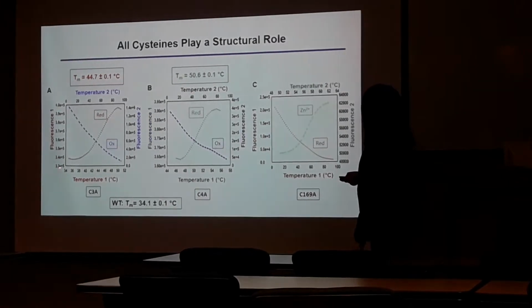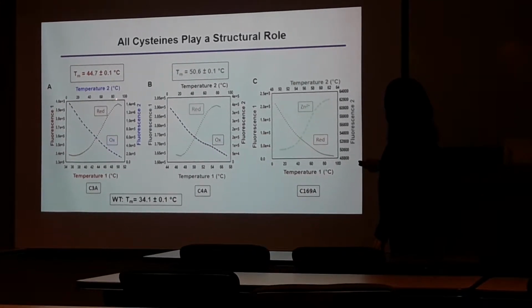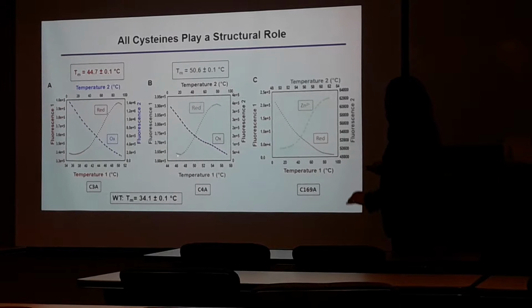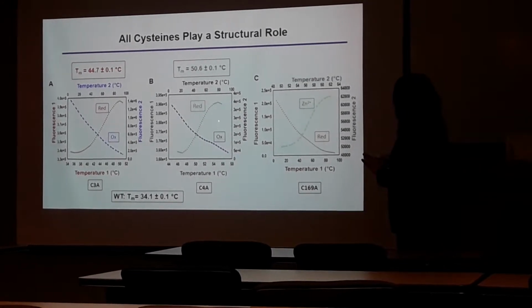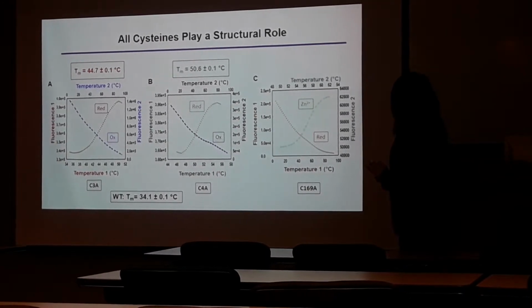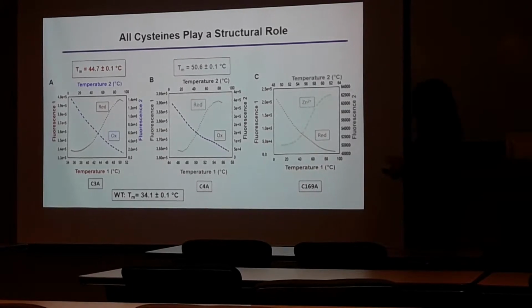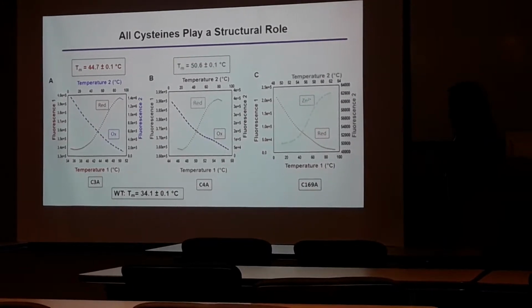And this is for C3A, the reduced protein is this red dotted line, and in case of C4A, the reduced one is the green dotted line. Okay, and temperature should be clear. Now, what happened in case of reduced C169A?